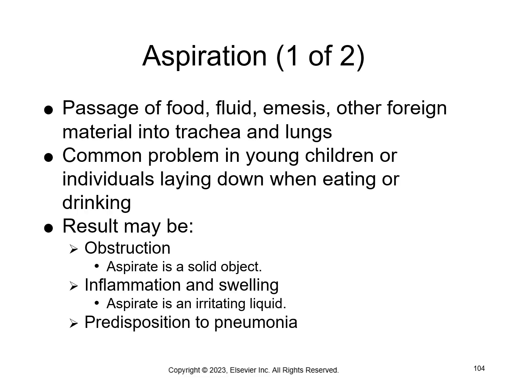Aspiration, this is when we swallow food or fluid or vomit into the trachea and the lungs. It's more common in young children or people that lay down when they eat or drink. It can cause obstruction if we aspirate a solid object, and then it can also lead to inflammation, swelling, because the aspirate itself is irritating, and it can predispose us to pneumonia.